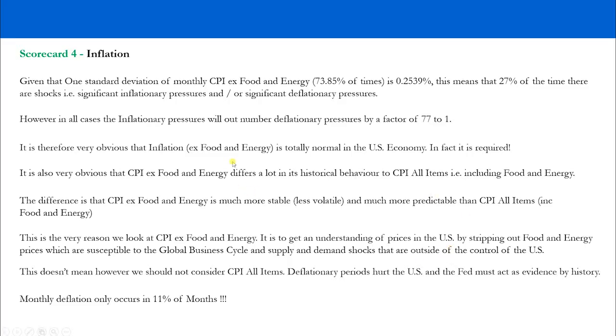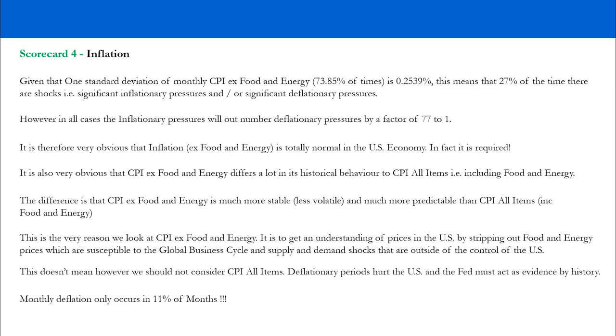So these include significant inflationary pressures and or significant deflationary pressures. However, in all cases, the inflationary pressures are going to outnumber deflation by a factor of 77 to 1, which is a huge skewness towards the upside, towards positive data.